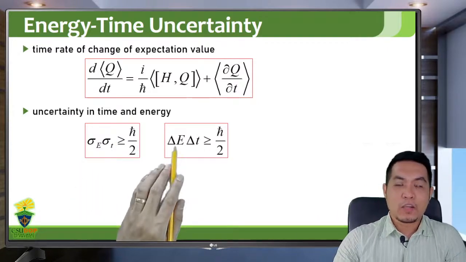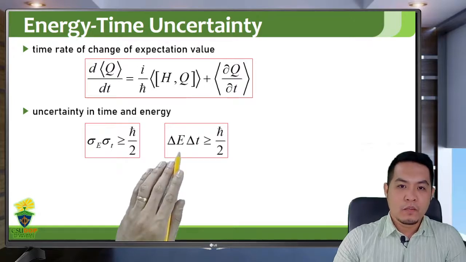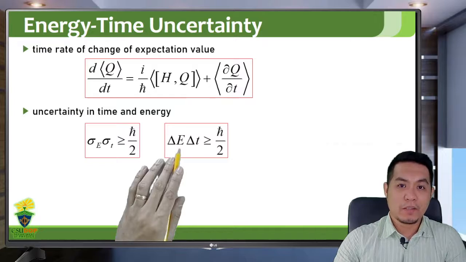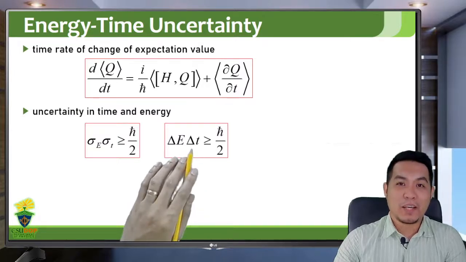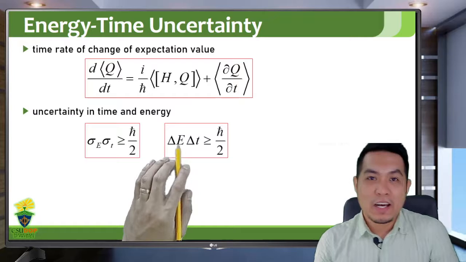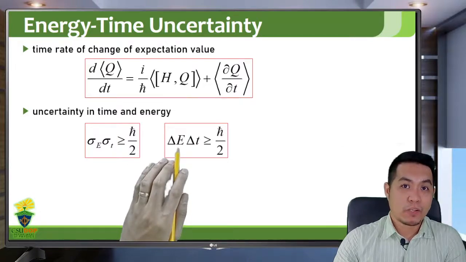What does this mean? You cannot measure the energy precisely if your time is very limited, or very short. You will have a large uncertainty in measuring the energy.